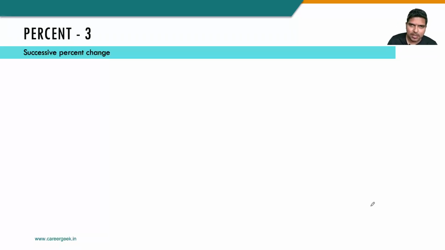Now, similarly, successive changes. Let's say there's a value 100, it's increased by 20% and then decreased by 10%. What is the final value? If 100 is increased by 20%, 20% of 100 is 20, which most of us know.